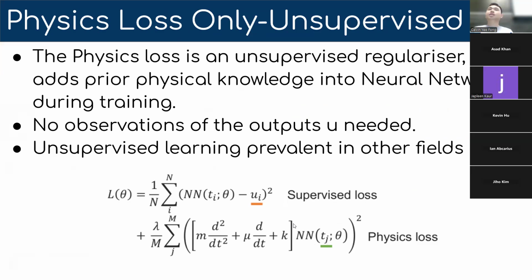So you can test your physics loss everywhere on the domain without even having to record temperature values or velocity values that come out from these differential equations. And doing that, you can make predictions.